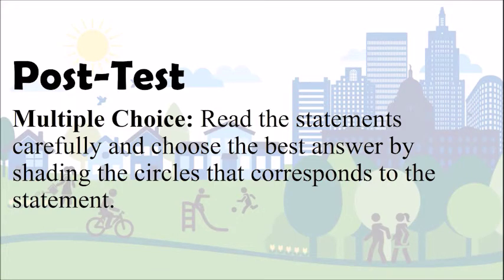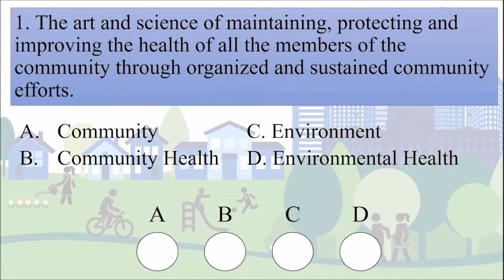To further check how much you have learned from this lesson, answer the following questions. Multiple choice. Read the statements carefully and choose the best answer by shading the circles that corresponds to the statement. Number 1. The art and science of maintaining, protecting, and improving the health of the members of the community through organized and sustained community efforts.